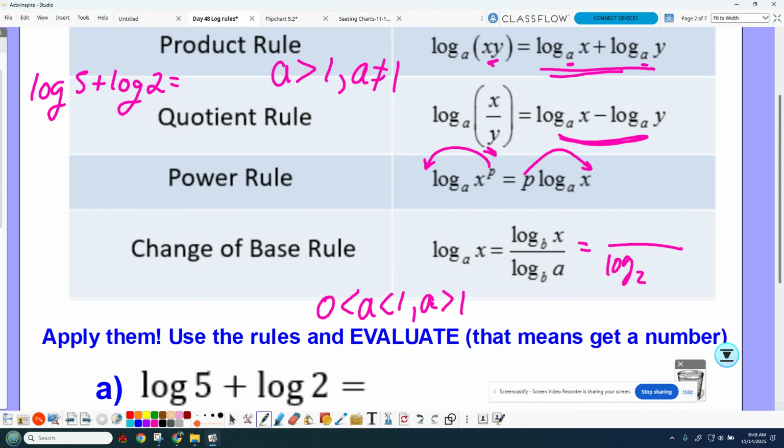The base goes in the basement, and the other number stays up top. Or if I wanted this in natural log, so in calculus I'm always going to natural log, it's an easier thing to manage. Again, base goes in the basement. I can change the base to anything I want. If you are like the Babylonians and they like base 60, cool, we can do that. So anyway, there's the rules.